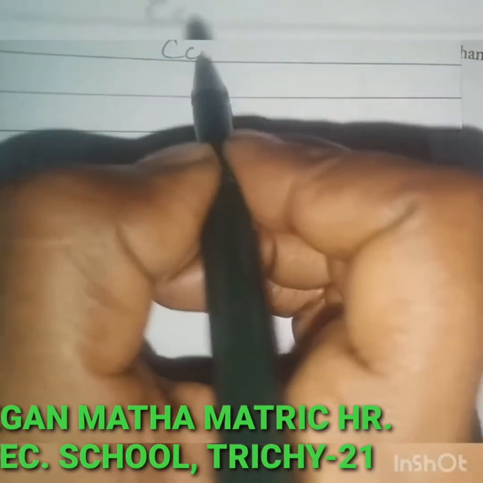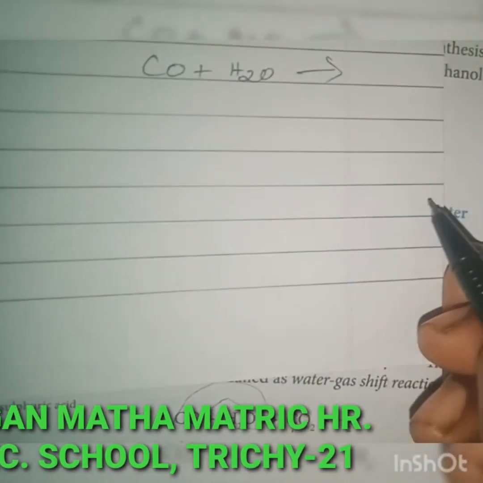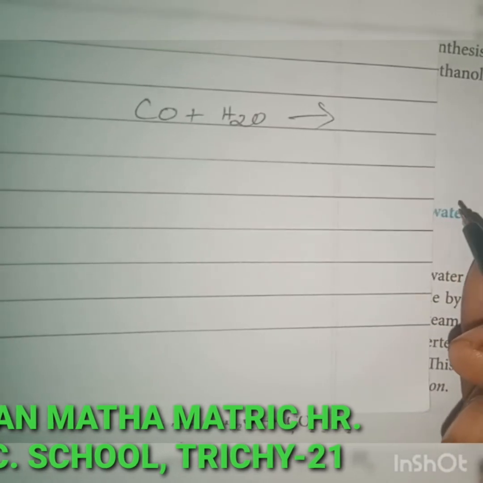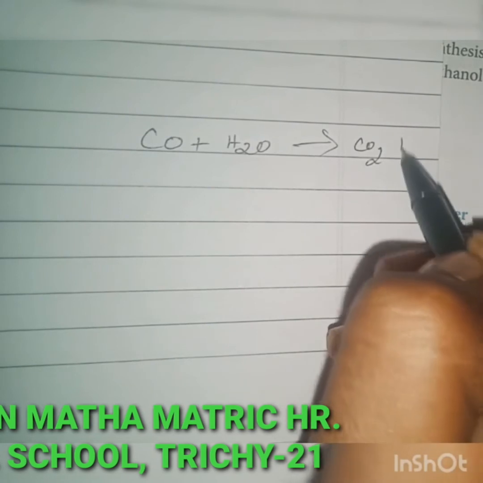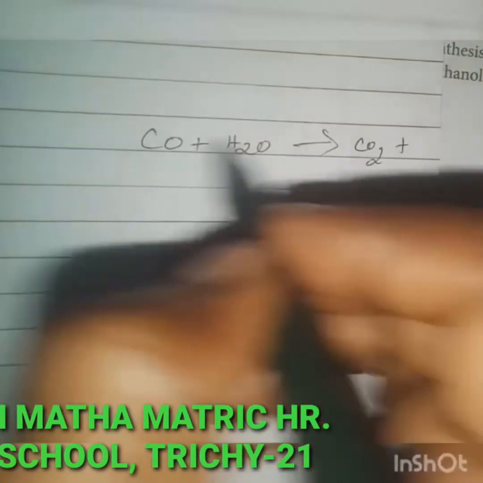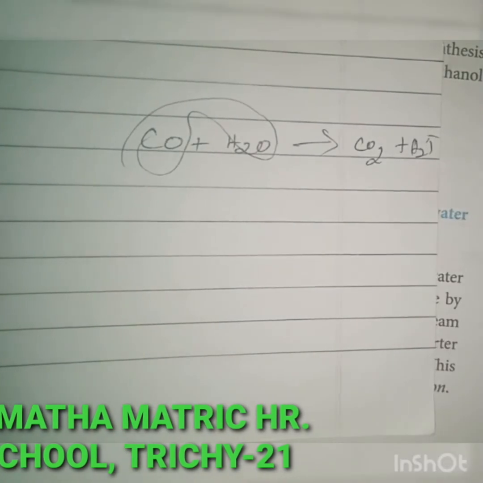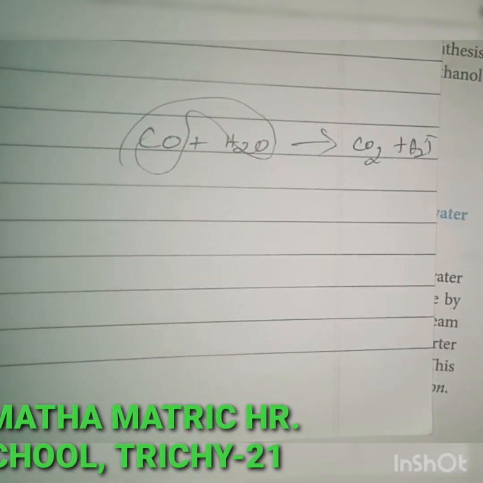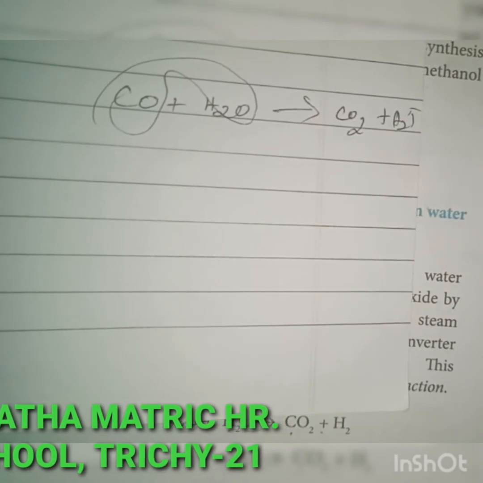Carbon monoxide plus H2O gives carbon dioxide and hydrogen gas. And next, the carbon dioxide formed in the above process.